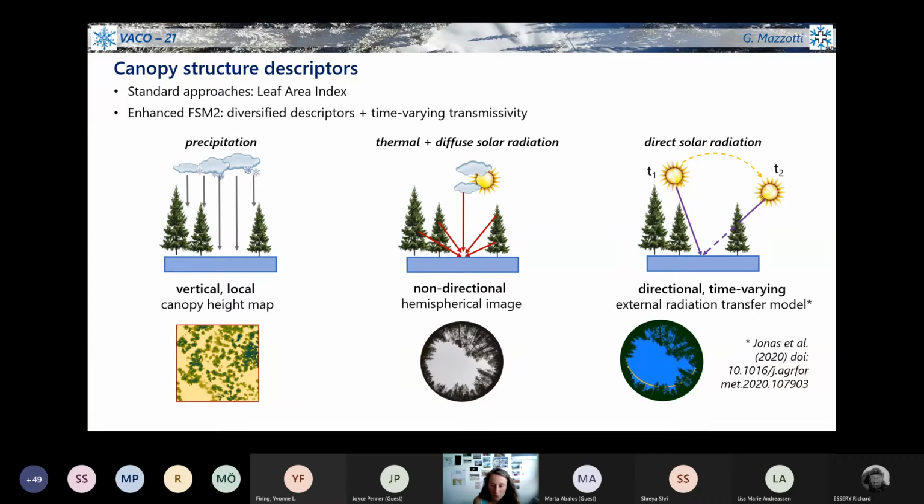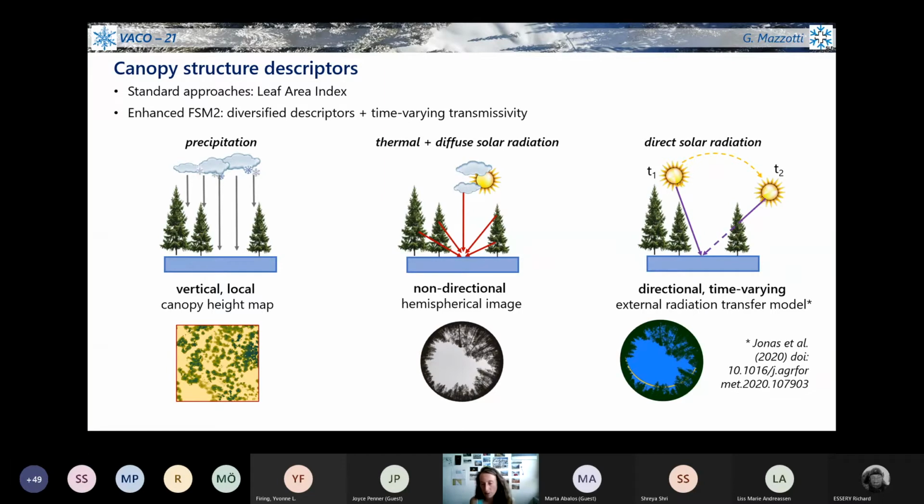And so if the canopy is described by just one metric, there is no way to account for all these differences. We therefore decided to diversify the canopy structure input to FSM. In particular, we coupled FSM to an external radiation transfer model based on hemispherical image analysis. This means that for every point that we modeled, we first ran the hemispherical image through an analysis software that overlaid the sun track and the image at any point in time.